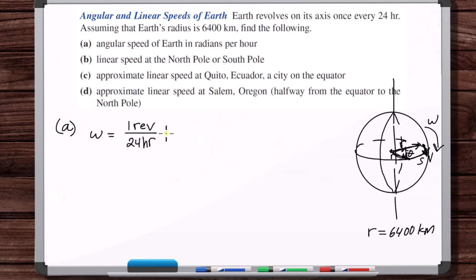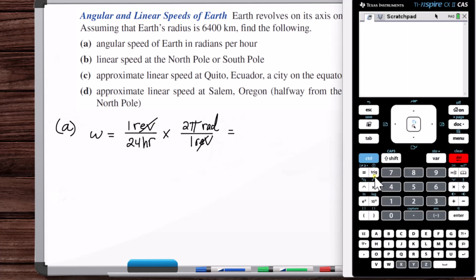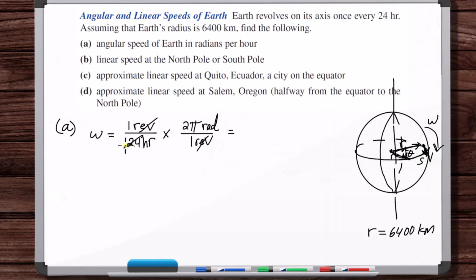But now we just need to convert this to what it's asking, and we're already in hours, so we just need to convert revolutions to radians. Well, there's 2 pi radians for every 1 revolution. So now we're in radians per hour. So yeah, it's pi over 12.